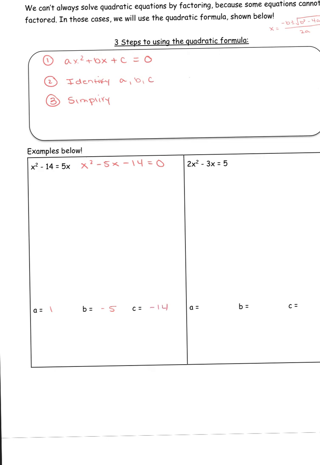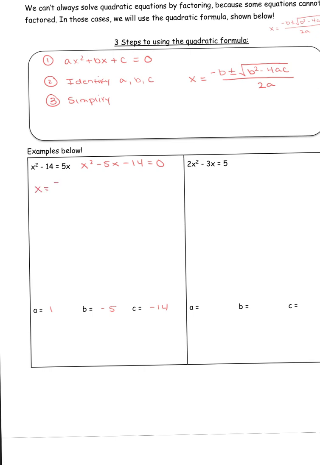So I'm going to rewrite the formula here so you can see it. You have x equals negative b plus or minus the square root of b squared minus 4ac, all divided by 2a. All right, now we're just going to plug in what we have. Again, we're evaluating an expression. So we have x is equal to, our b is negative 5.